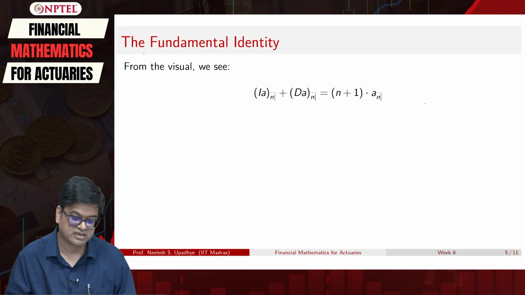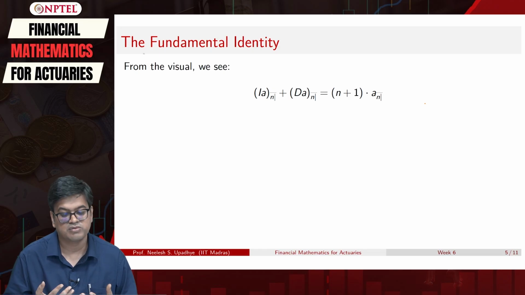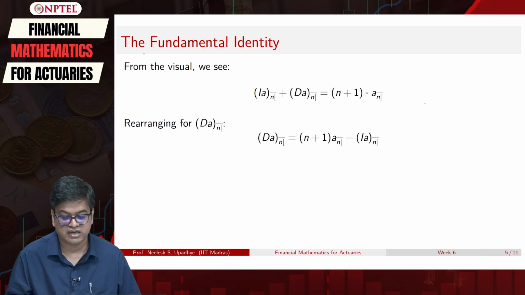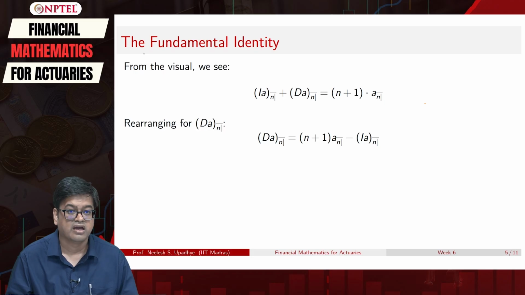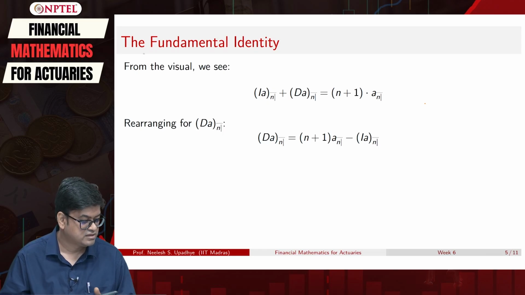If this understanding is clear, what will be the formula for DA angle n? I already have the formula for IA angle n, so I will simply rearrange the terms and get n plus 1 times a angle n minus IA angle n. Then if I substitute that formula, I should get back the formula for DA angle n. Let us do that as a simple exercise.